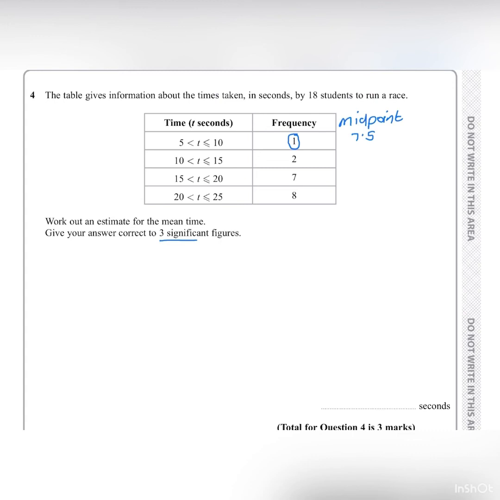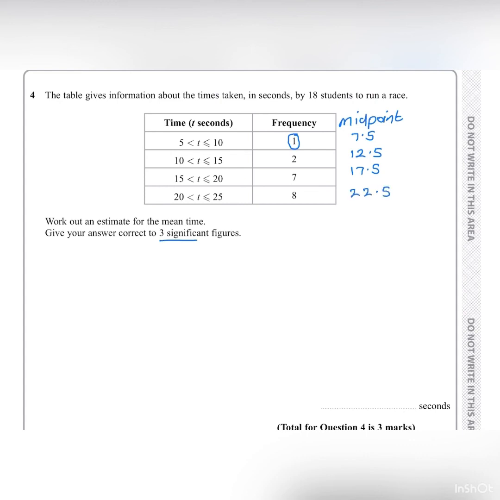And the halfway or the midpoint between 10 and 15 is 12.5. Between 15 and 20 is 17.5, and then 22.5.